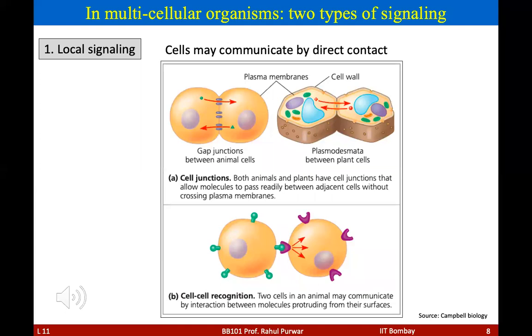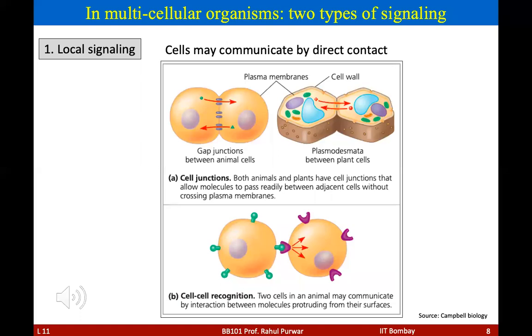Plasmodesmata help the two cells interact with each other. Gap junctions and plasmodesmata are called cell junctions. Both animal and plant cells have these cell junctions that allow molecules to pass readily between adjacent cells without crossing the plasma membrane.